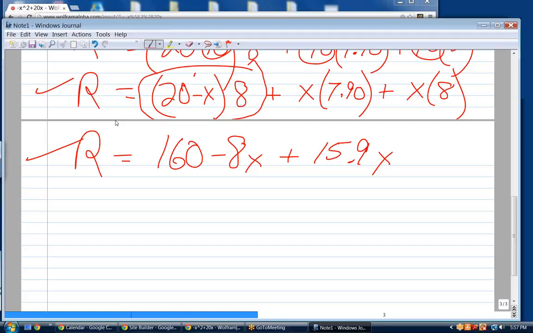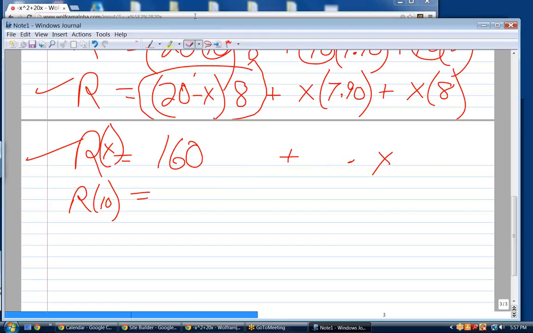I don't think so. Okay, so they wanted to know what the revenue was for 10 people. So let's figure that out. So R of X, so R of 10 is equal to what? Well, I can even simplify this. Ew, that's weird. Yeah, it just becomes 7.9.